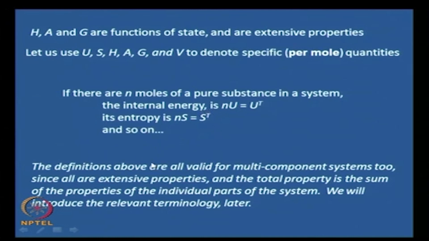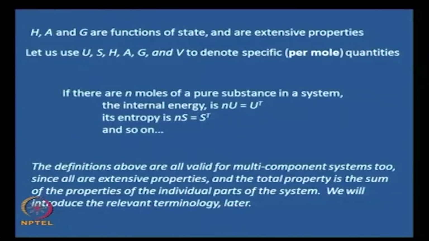These definitions can also be used for multi-component systems where you have different moles of different species present, because they are extensive properties. The total property is the sum of the properties of individual parts of the system. When it becomes relevant, we will take this terminology a little further.